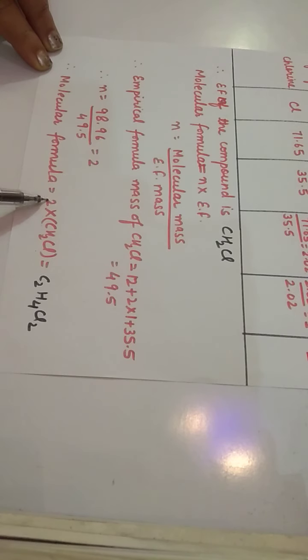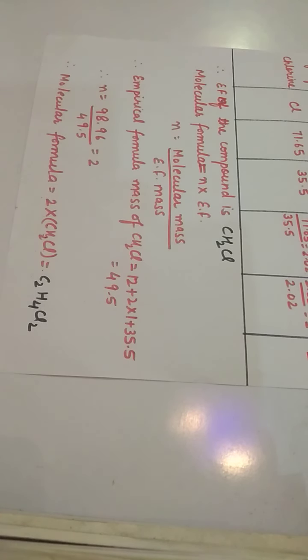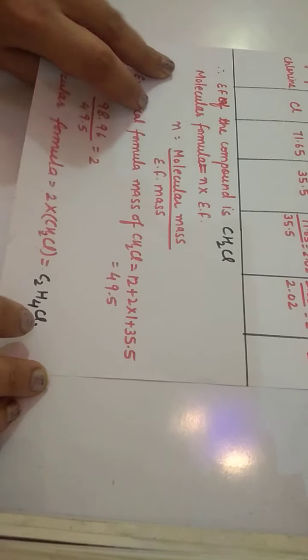So you'll be multiplying 2 with CH2Cl. So C multiplied by 2 gives C2, H2, 2 into 2, 4, H4, and 2 into Cl will give Cl2. So C2H4Cl2 is the molecular formula of the compound.